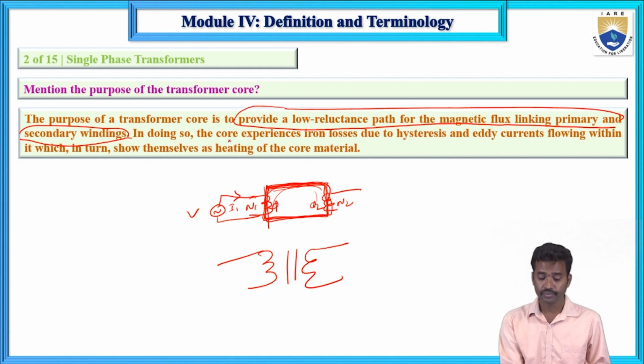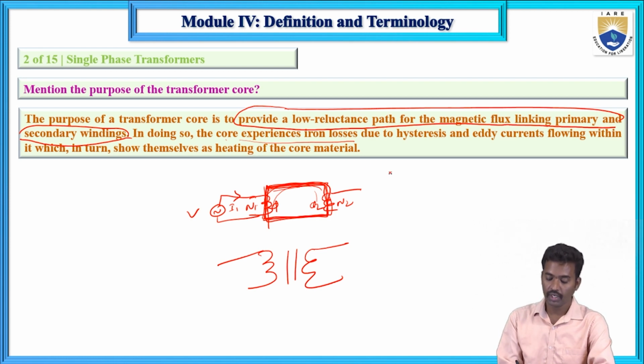And the transformer core experiences iron losses due to the eddy current and hysteresis currents flowing within it, which in turn show themselves as heating of the core. Iron losses, that is core losses, equal hysteresis losses plus eddy current losses.